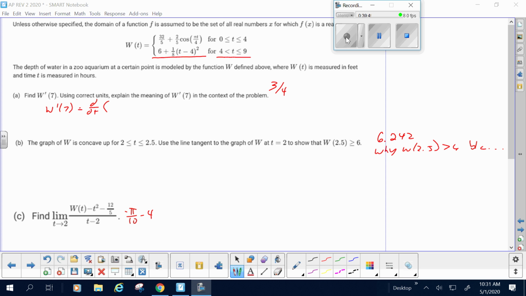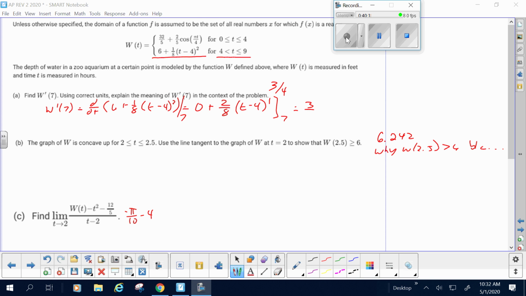So the derivative of 6 plus 1/8 of (t minus 4) squared at 7 is equal to 0 plus 2 comes down, t minus 4 drops to 1 at 7, and so that is 7 minus 4, which is 3/4.